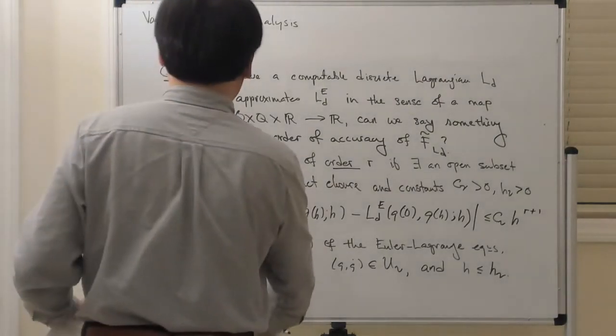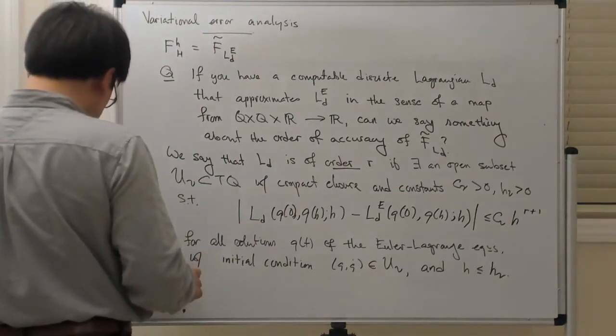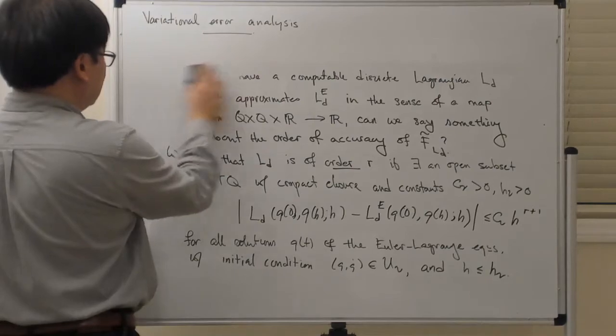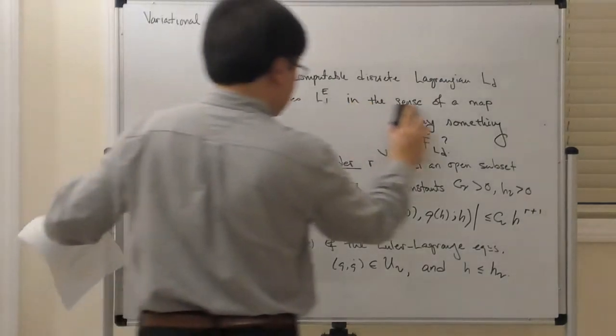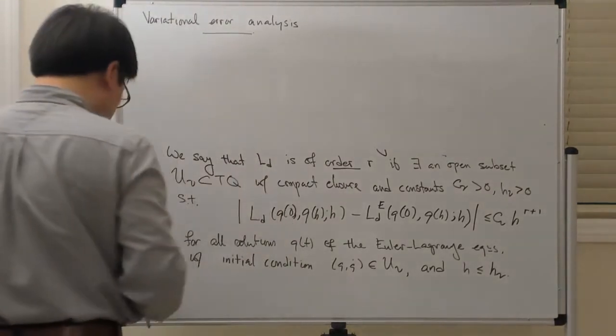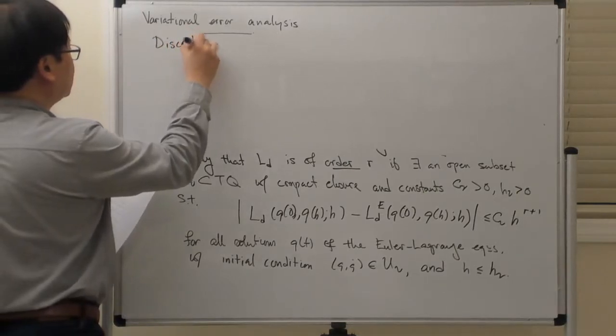So we talked about the order of the discrete Lagrangian, and the next thing is to talk about the order of the discrete Legendre transforms.